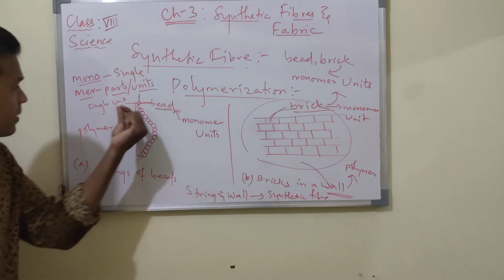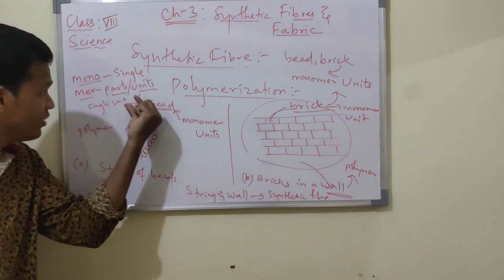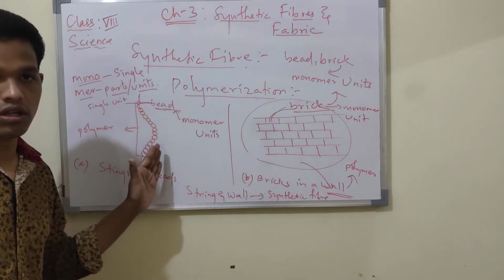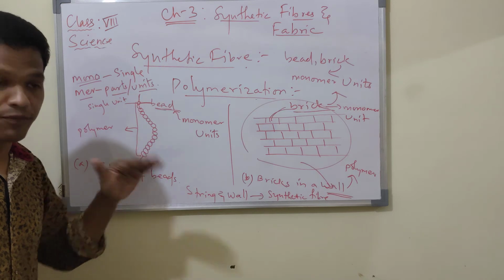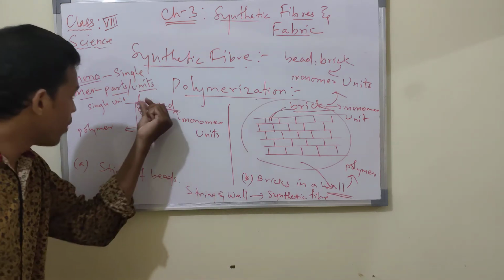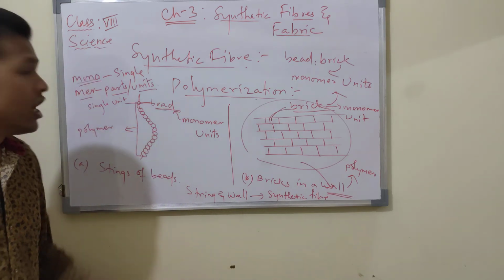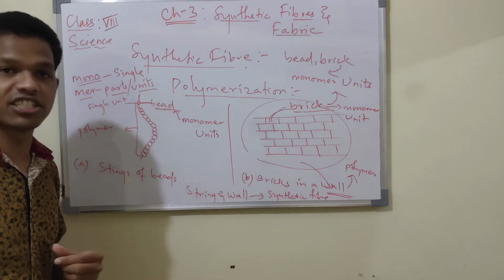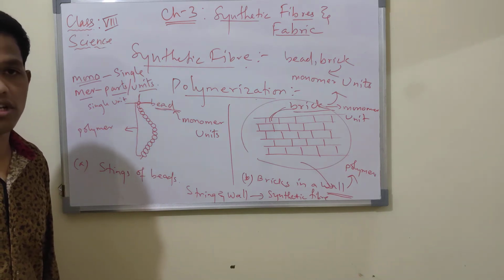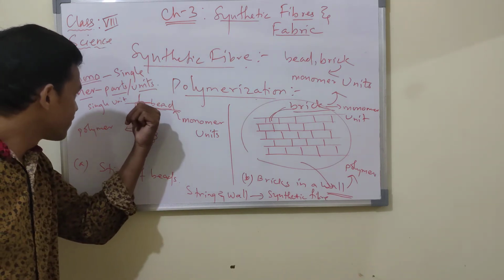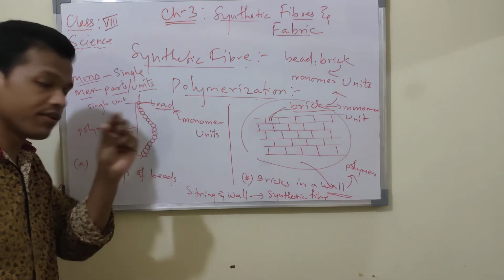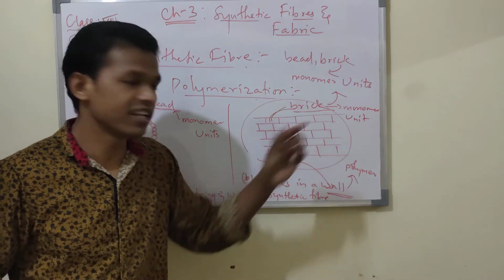All these beads, each one unit, is a chemical substance. This is an example, but in reality, this one bead is one chemical substance. That is another chemical substance. If you see the inner structure, this bead represents one chemical substance, another bead represents another chemical, this brick represents a chemical substance.